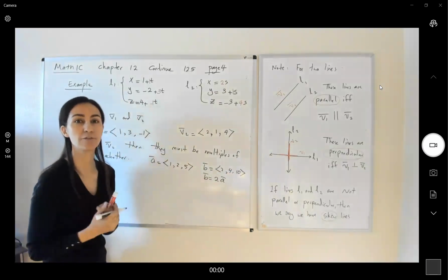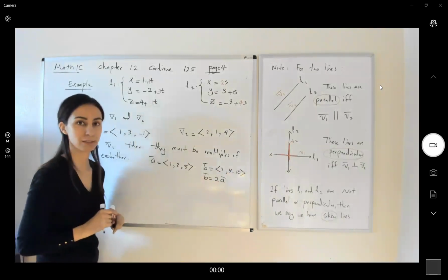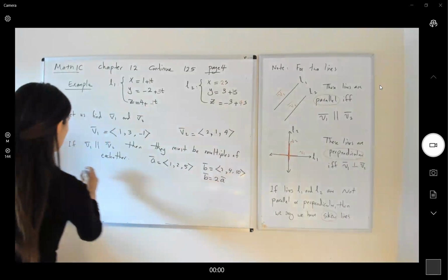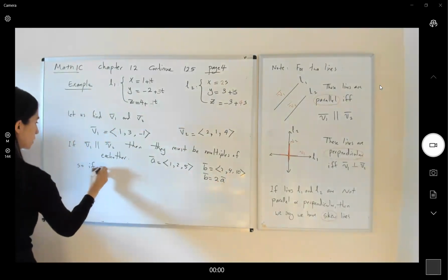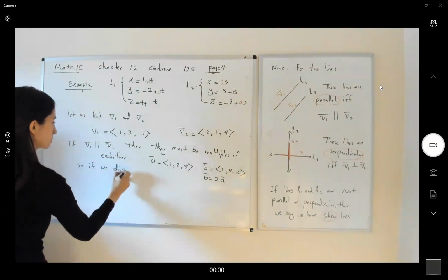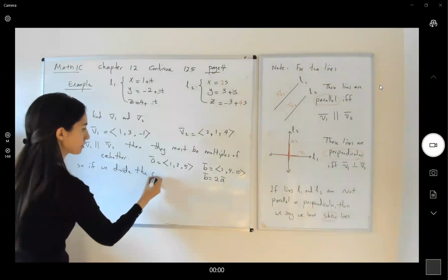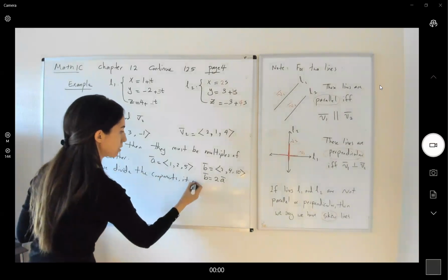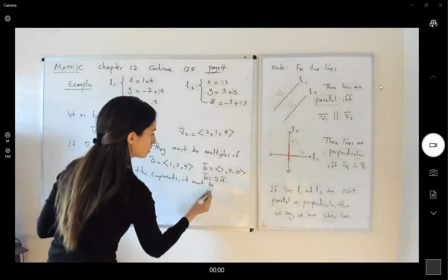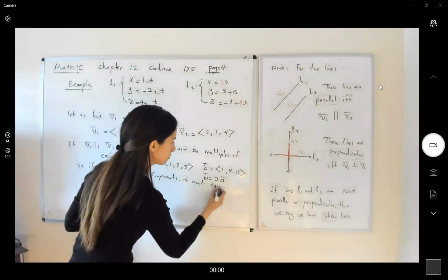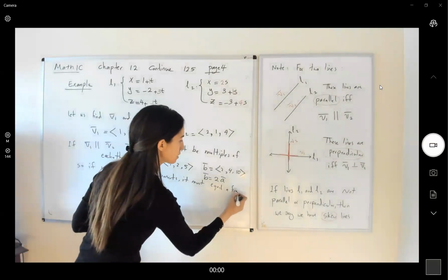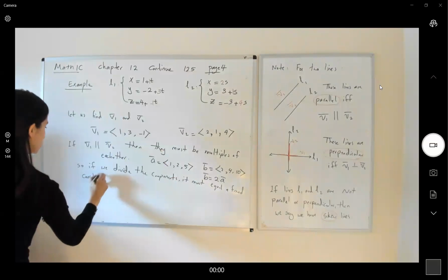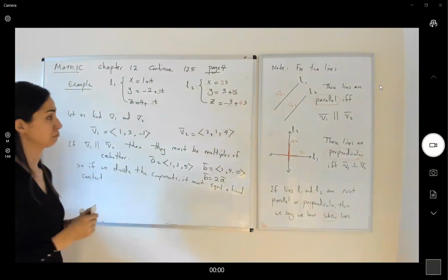So if you divide the components, it must equal a fixed constant. Okay, let's check.